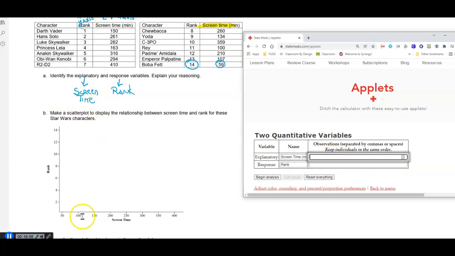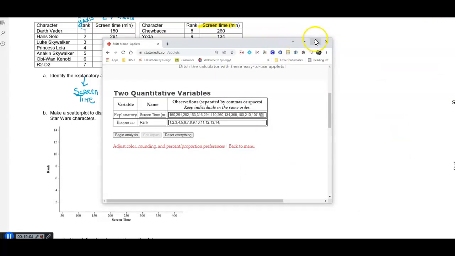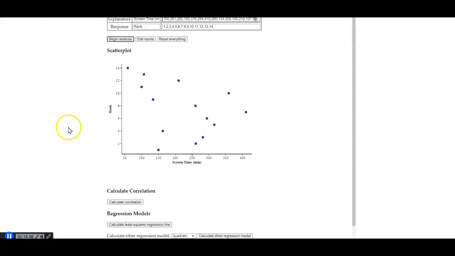Now we type in those numbers. So there we go, we've got them typed in, and now let's take a look. Let's see what we get. Okay, there's our scatter plot.